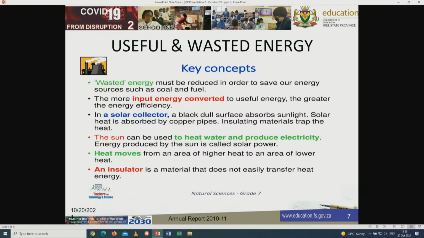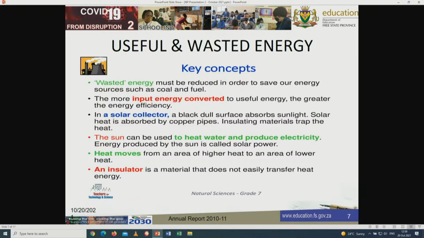The more input energy converted to useful energy, the more we save energy. The more we use it the right way, the more we save energy. In other words, this is one way we can save energy.